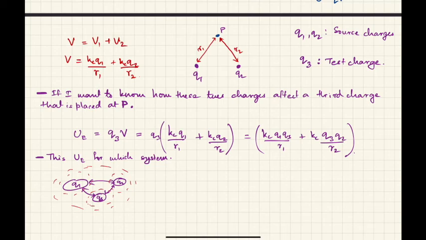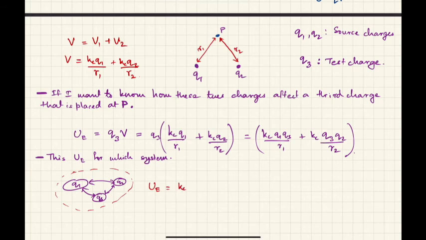So let's actually write down the potential energy if this corresponds to the system boundary. So the total energy of the system is actually given by the sum of all possible combinations.